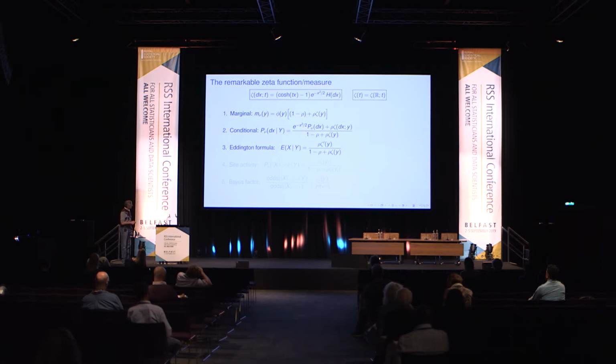Now, I should say that this is the sparse version of it. There is an exact version, which is slightly different, but the sparse version just involves the zeta function, the derivative of the zeta function up top, and you see this combination occurring everywhere: 1 minus rho plus rho times the zeta function. So that's the Eddington formula. It's a Bayes estimate of the signal, if you like.